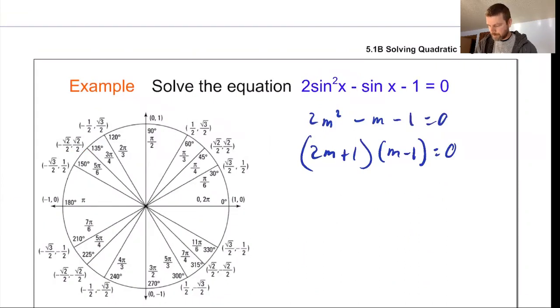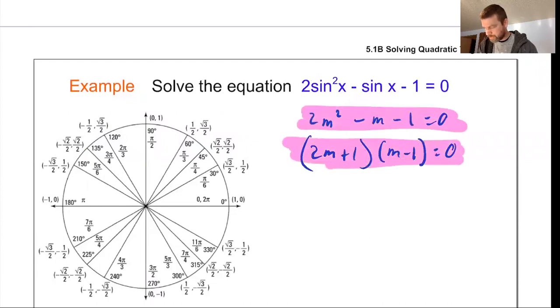So some people like writing this stuff here as just a method of helping them factor it. They'll just change that sine into an m, and then they'd say, oh, that's how I factor it. And some people prefer skipping straight to this part here. But regardless, since they're the same function, just a different variable name, they factor the same.